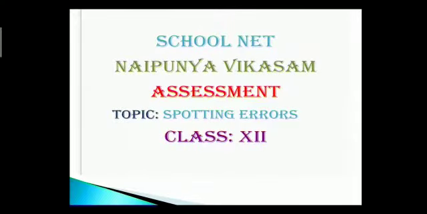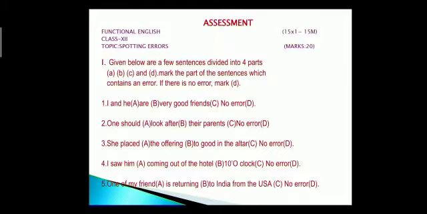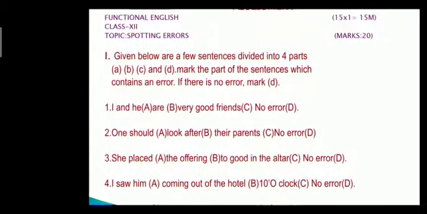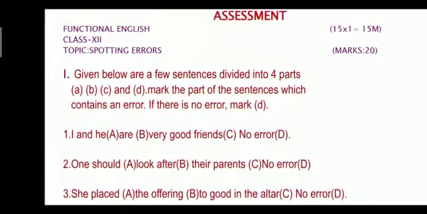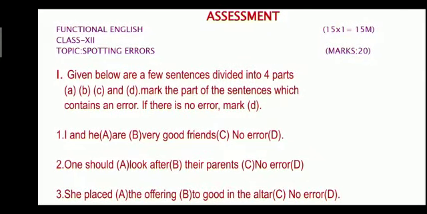Assessment. Topic: spotting errors, class 12, Functional English. Given below are a few sentences divided into four parts A, B, C, and D. Mark the part of the sentence which contains an error.